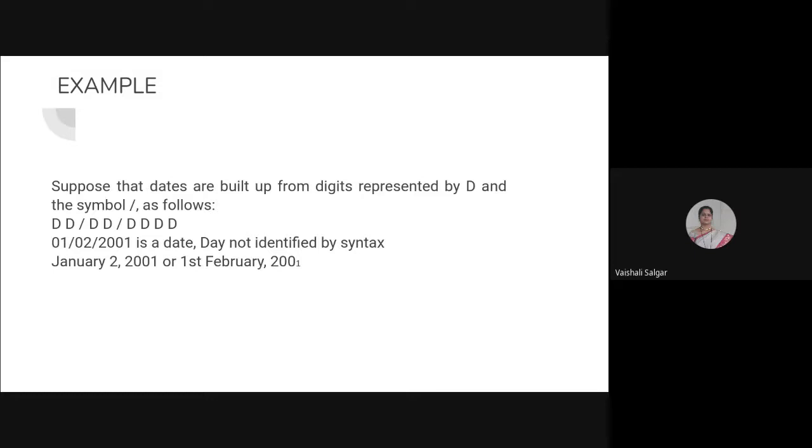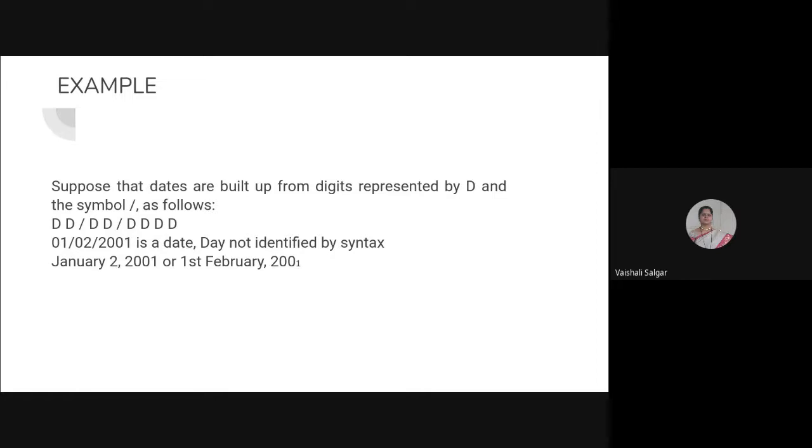For the same date, if the syntax is DDMMYY, it will be the first of February 2001. But if the first two digits indicate the month, MMDD, then obviously it will be the 2nd of January. So depending on the syntax, the language will be able to identify the meaning.